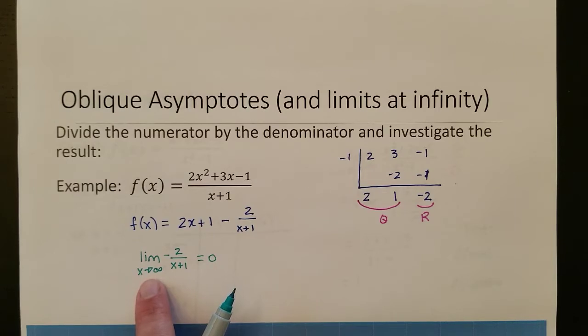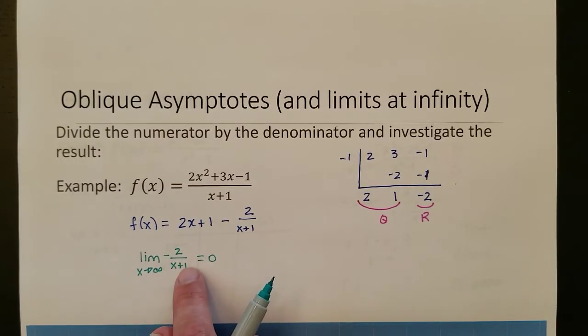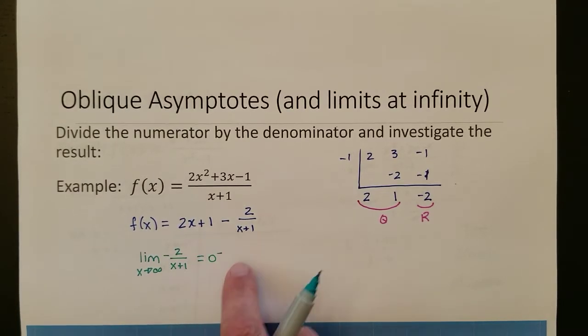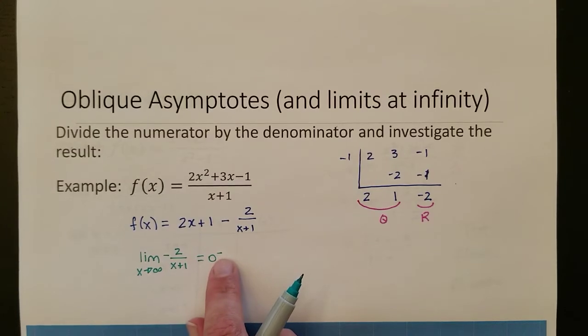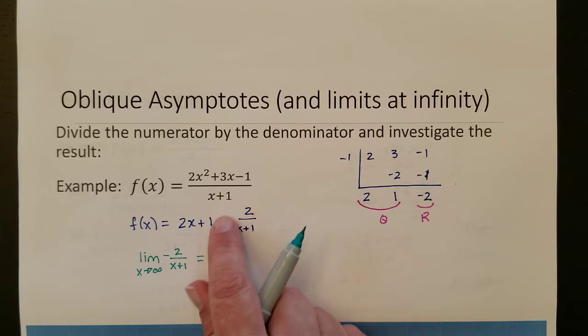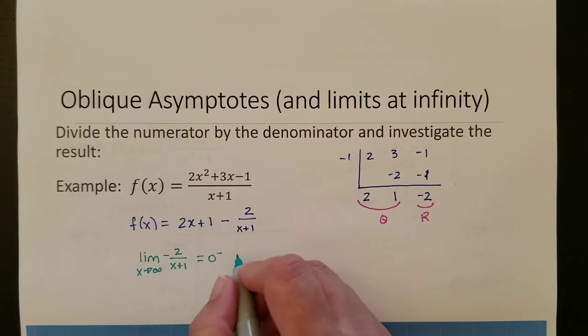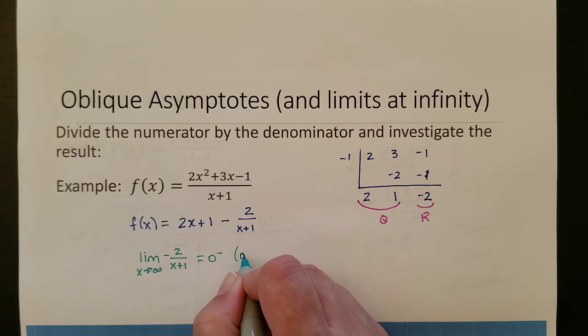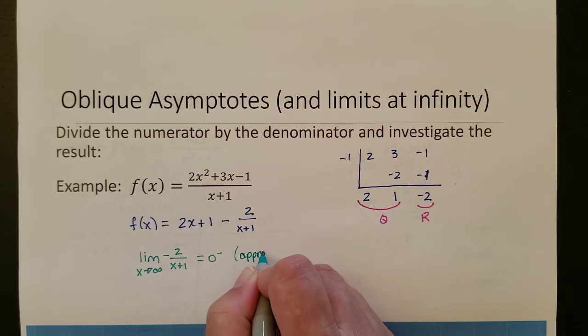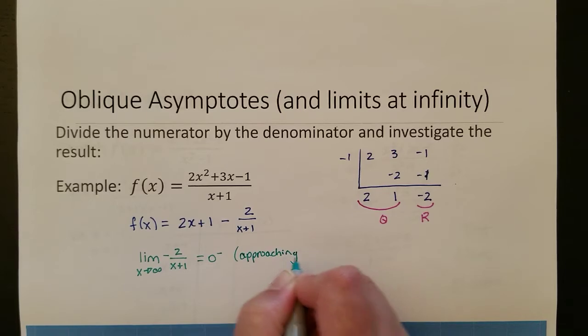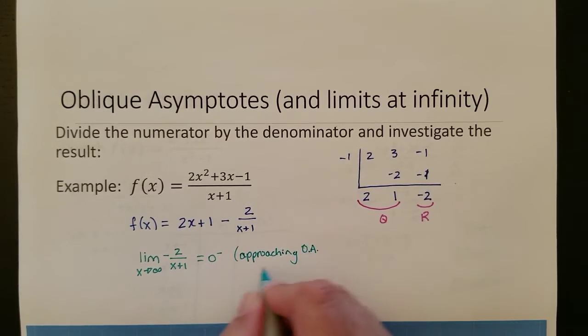So as x approaches positive infinity, this whole thing will approach 0, but from below, it'll be a little bit negative because of that negative sign there. So you will be subtracting something off of the end of this. So it's approaching your oblique asymptote from below.